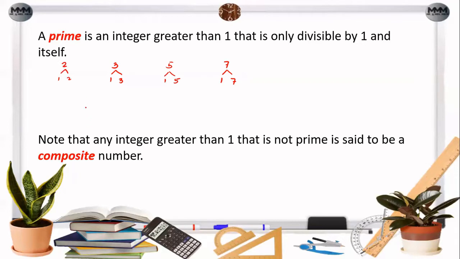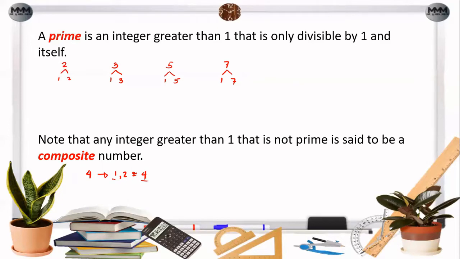For example, we have here 4. We know that 4 is not a prime number. Hence, it is a composite number, where the factors or divisors of 4 are 1, 2, and 4. So notice that the factors of 4 are more than 2. So it has factors other than 1 and itself. It has another factor, 2.